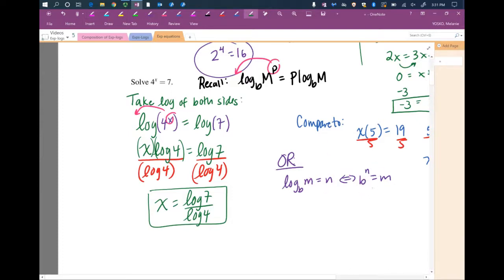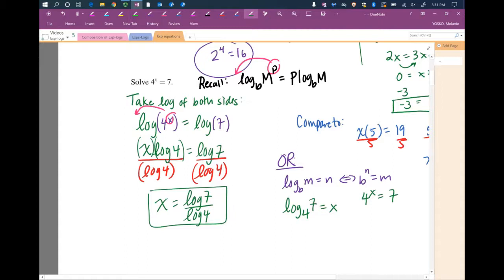So start over here on this side. 4 to the x equals 7. And then switch the pieces. So that means we could have log base 4, because notice the base is the same of both of these. The input on the right-hand side is x, so that means it's going to be the output over here. The output on the right-hand side is 7, so that's going to be the input right here.